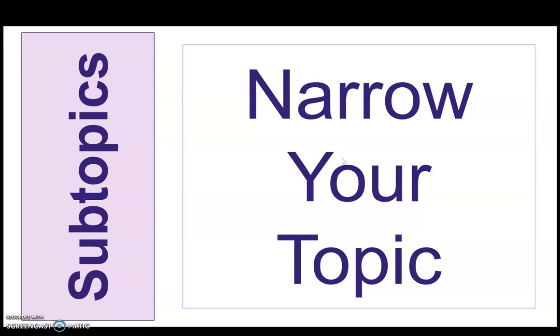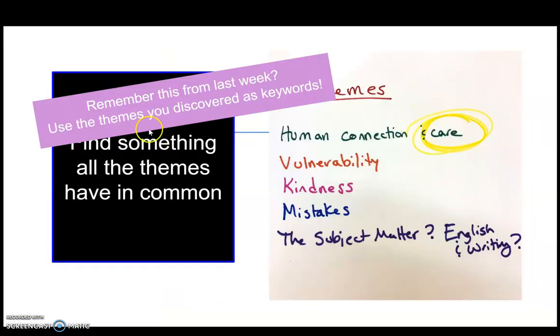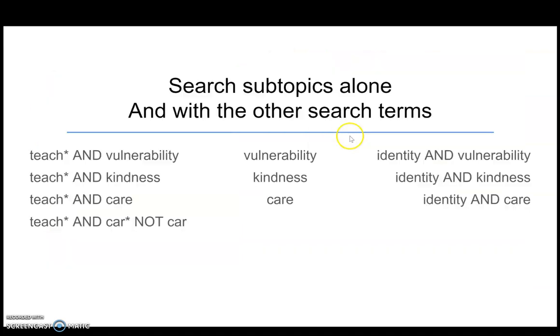One thing that I want to spend at least a minute talking about is how to research subtopics to narrow down your topic. Remember last week when we discovered all these themes related to your identity that you wanted to talk about? These themes can be used as keywords.